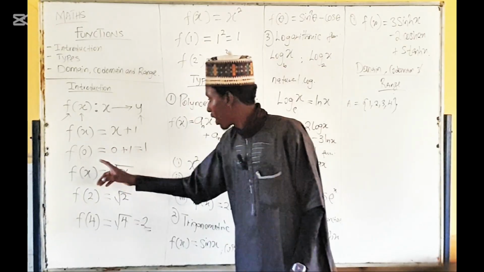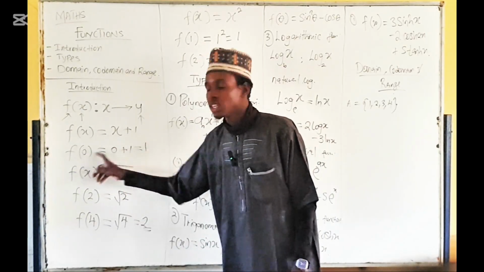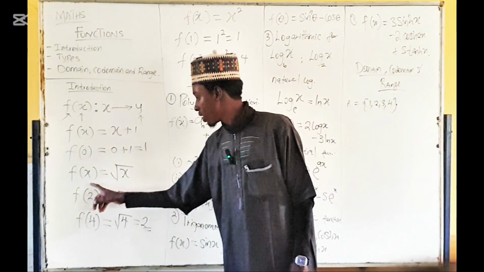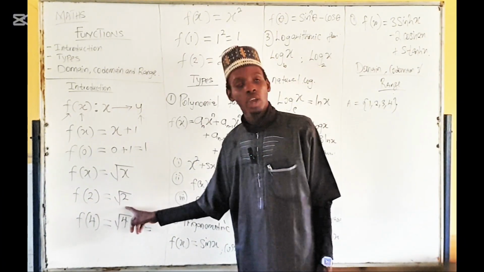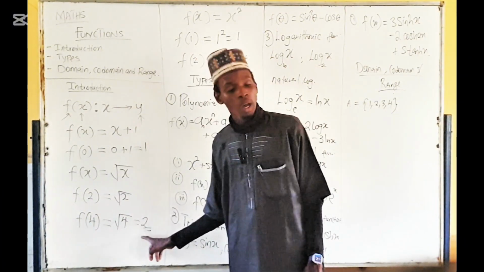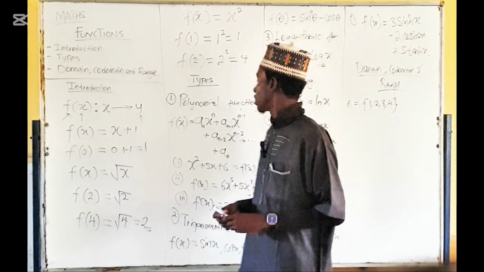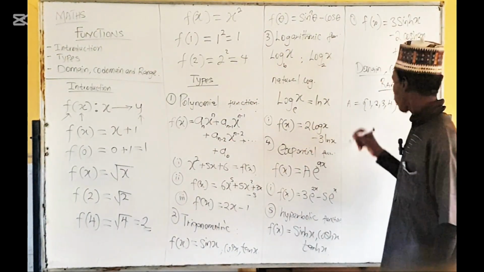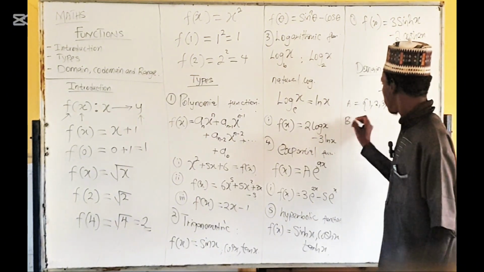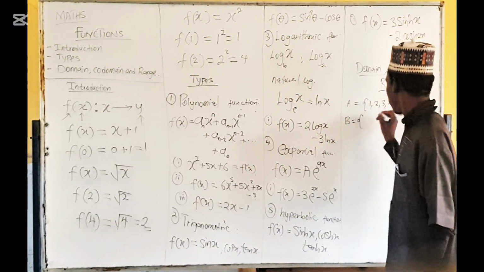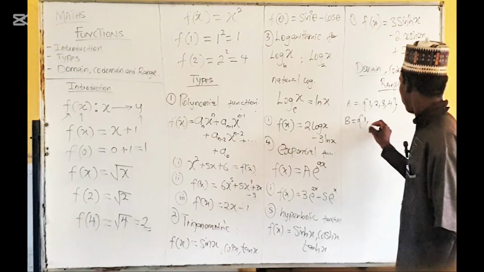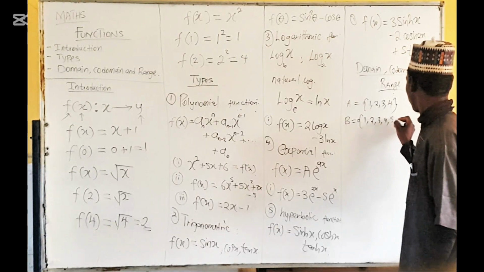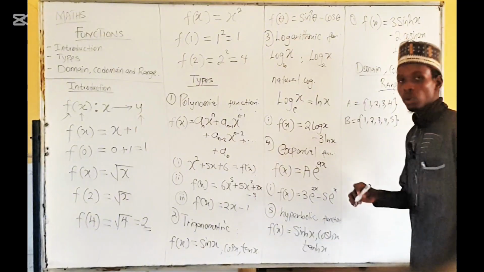So for example here, 0 and 1 are mapped to each other. That is, 0 is mapped to 1. Like here, 2 is mapped to square root of 2. 4 is mapped to 2. I hope we understand. So if that's the case, let's say these values of A are now mapped onto values of B. Do we understand?